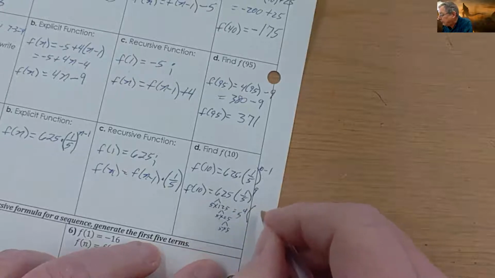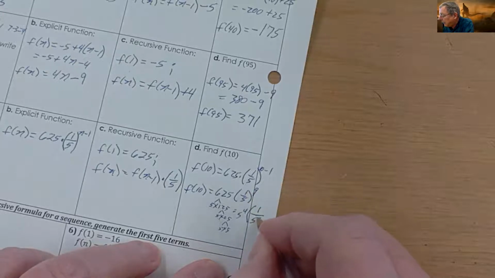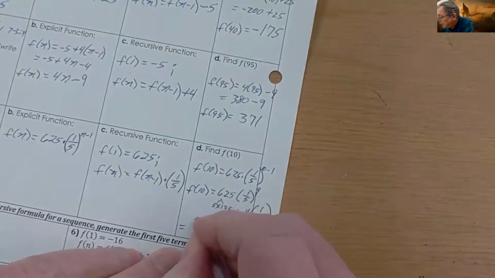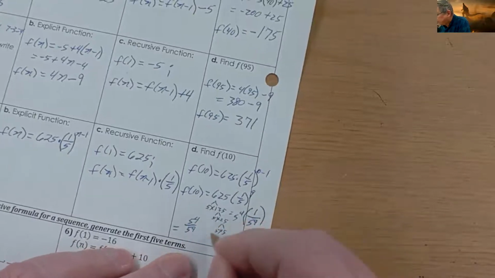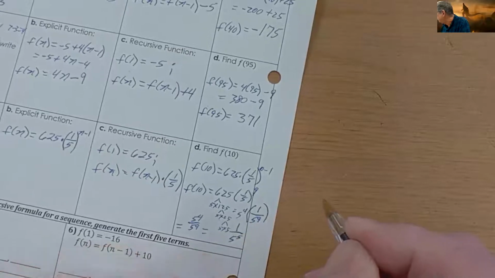Times, now if I take this inside, 1 to the 9th is 1 over 5 to the 9th. Okay? Then I move that over here. That gives me 5 to the 4th over 5 to the 9th, which is 1 over 5 to the 5th.